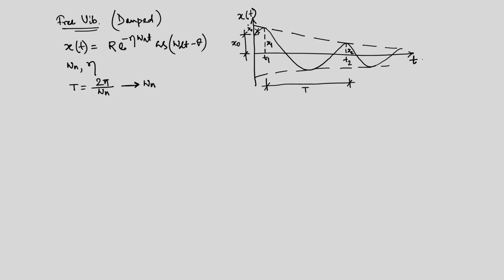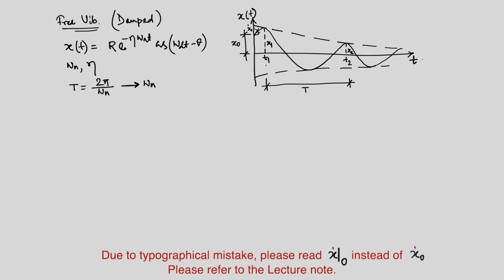Now, that is not the point I want to explain here. What we can note is that we have two time points T1 and T2, and these two time points are one time period apart. So, what will be the response? x1 is R e to the power minus eta omega n T1, then cos of omega d T1 minus theta.